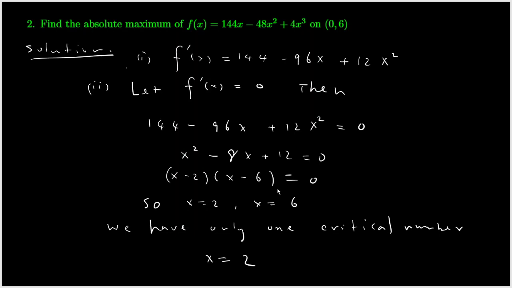The next thing we do is to form a table, right? The table is going to be something like... Anybody want to tell me the first row of the table? The domain of the function is from 0 to 6, and the critical number is 2. Anybody want to tell me how many subintervals in the first row?